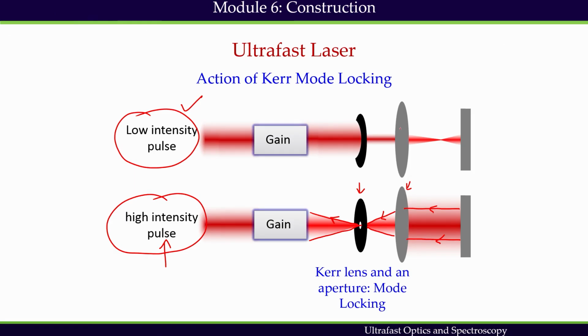In the end, this lens will focus the beam here, and slowly after the reflection it will start diverging the beam. When it starts diverging the beam, it will go out of the cavity.